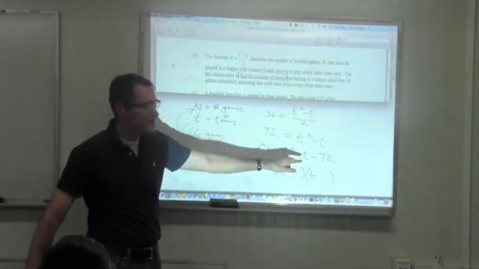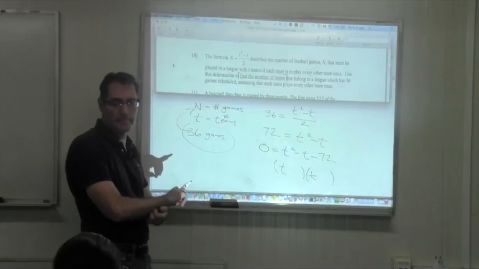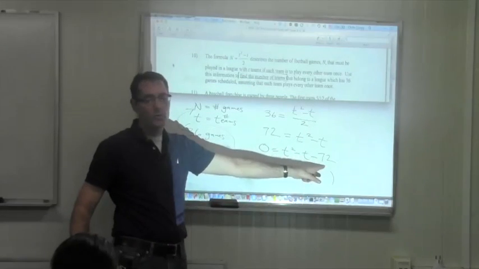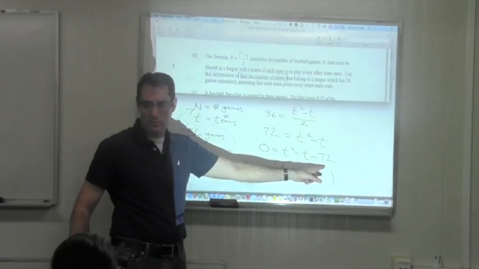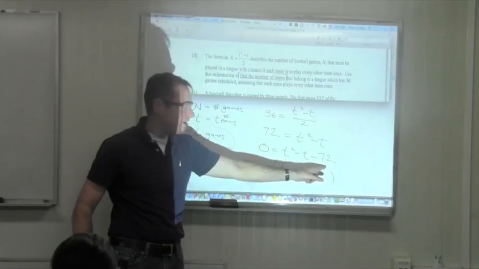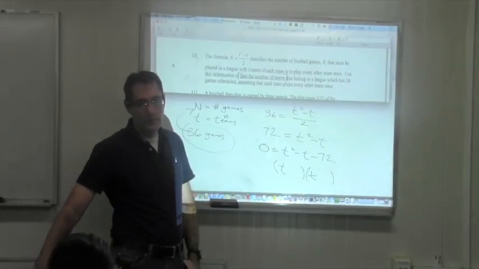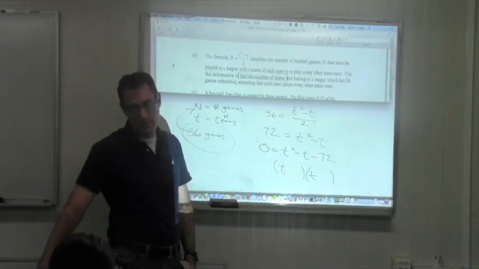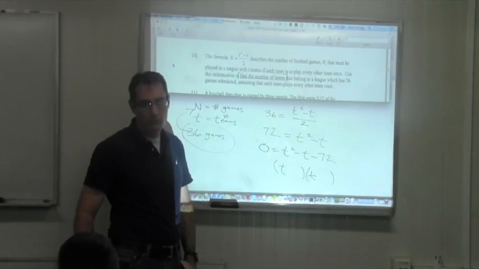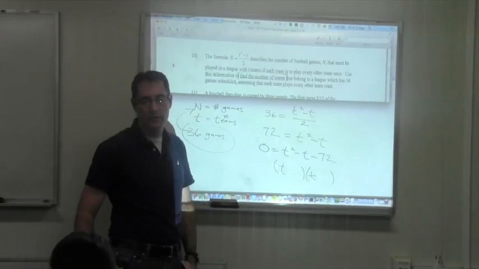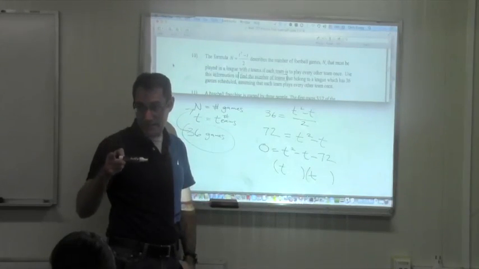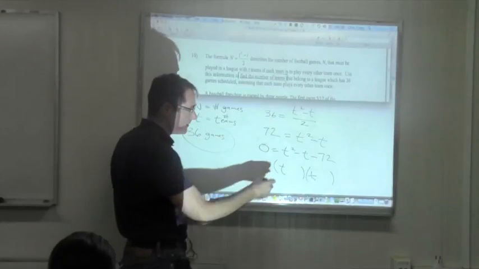What's the first thing we do when we factor this? Negative 72. What goes into 72? 1 and 72, but you're never going to get negative 1 from 1 and 72 when you add them. 2 and 36, same thing. Think your times tables. What times what equals 72? 8 times 9.